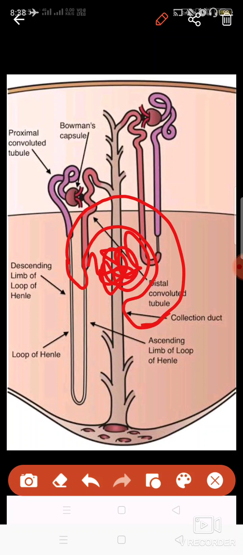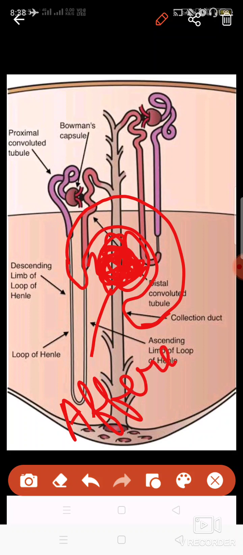blood capillaries, these renal arteries, actually the afferent renal artery, is present here in the form of capillaries, and it forms a structure.